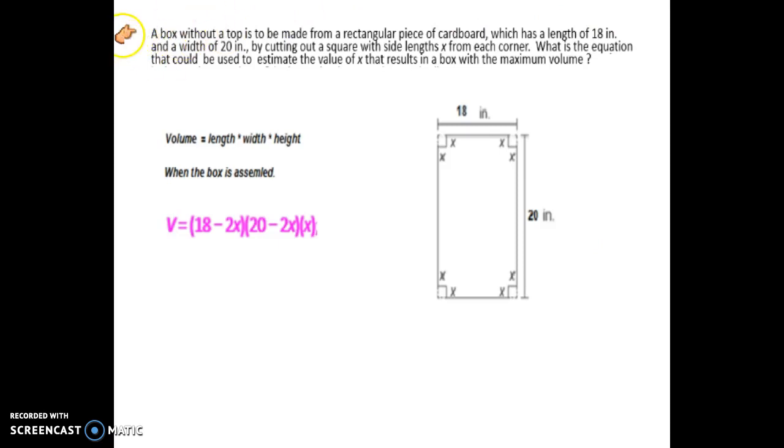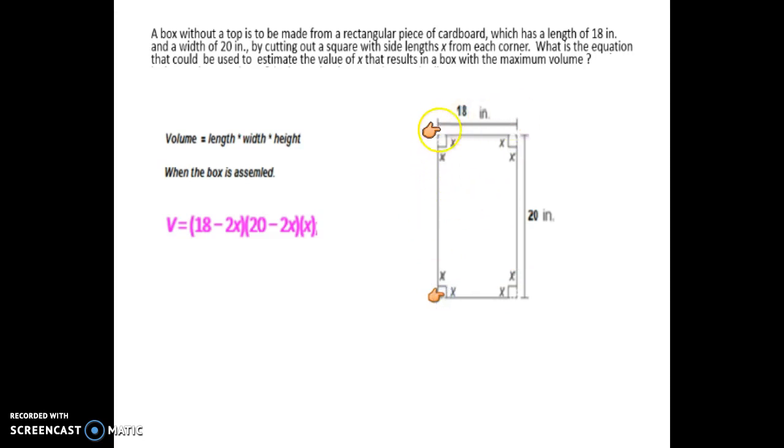The next one on your quiz, you are just going to come up with an equation for the volume. So remember, the volume of a prism is length times width times height. And they give you the scenario about a box that they're creating from this cardboard, and they're going to cut square corners, and then they'll fold up the box.